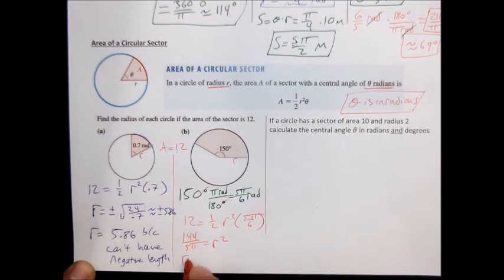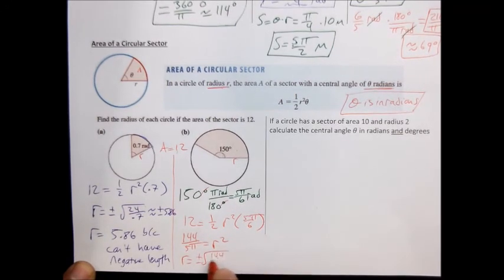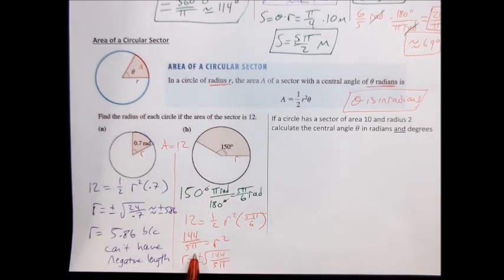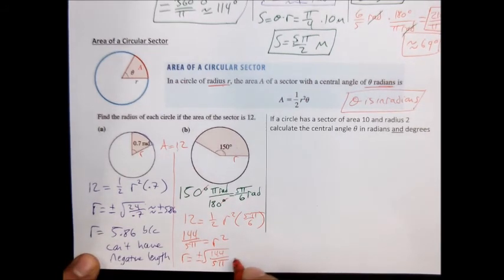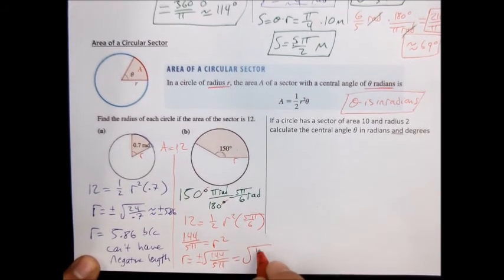So r equals the square root of 144 over 5 pi. We get plus or minus because we took a square root, but we only want the positive one.